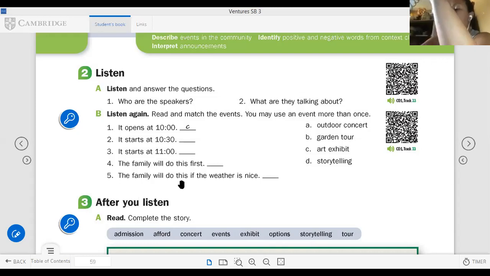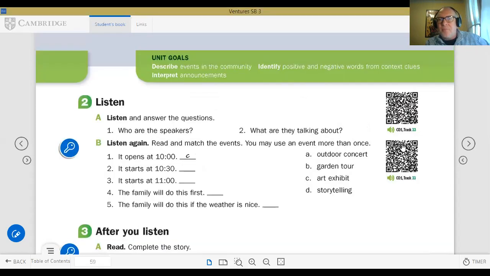I'm turning off the microphone so it's nice and quiet. Now I'm going to turn on the speaker of the computer, and play this information.